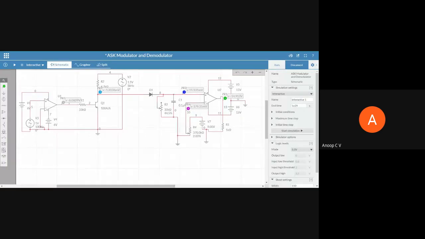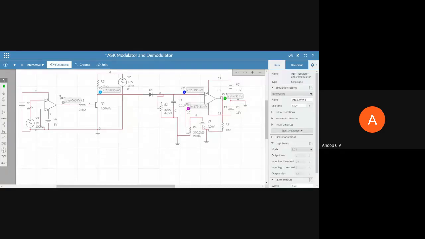I hope all are maintaining an observation book. In that, you should at least have written the circuit diagram and the waveforms. I also want you to maintain an online Google Doc in which you'll simulate the circuit and paste the circuit diagram and the screenshots of waveforms.